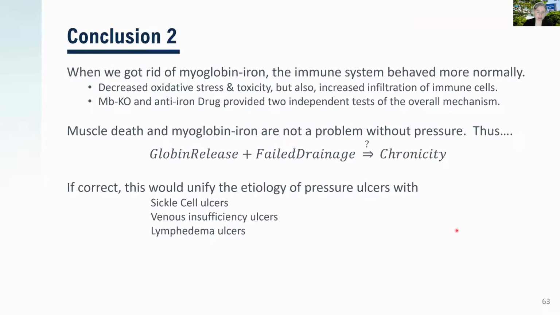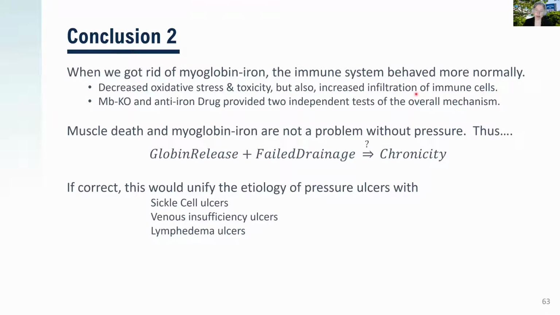Our next set of conclusions is about the myoglobin iron. When we targeted that, the immune system behaved more normally. We got less oxidative stress and toxicity. We got more normal levels of immune cell infiltration.